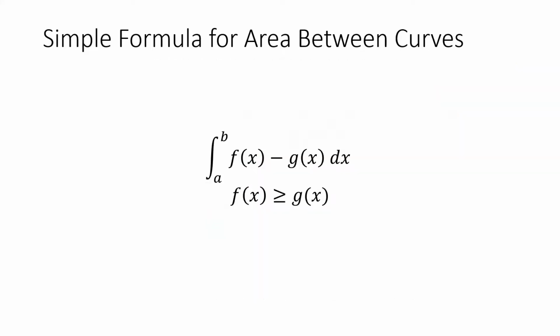Putting this into mathematical terms, we have a simple formula for the area between curves: the integral from a to b of f of x minus g of x dx, where f of x is bigger than or equal to g of x. Notice that if f of x is equal to g of x, then the area between them is 0.